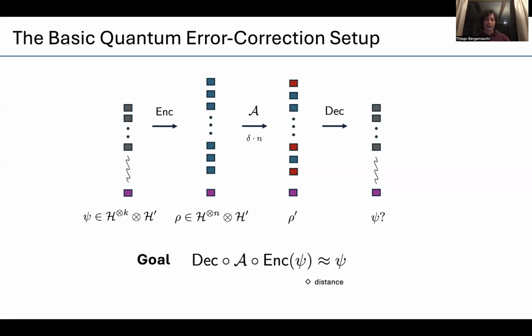Just to formalize and quantify this goal, we take psi, encode, tamper, and decode, and the goal is to recover psi in a metric known as the diamond distance, which for all intents and purposes in this talk can be understood as statistical distance or total variation distance, but with entangled inputs.